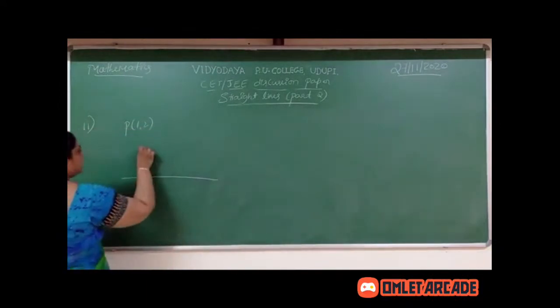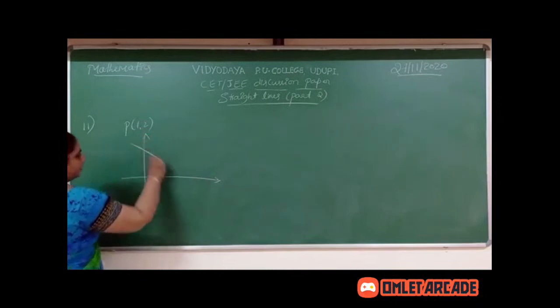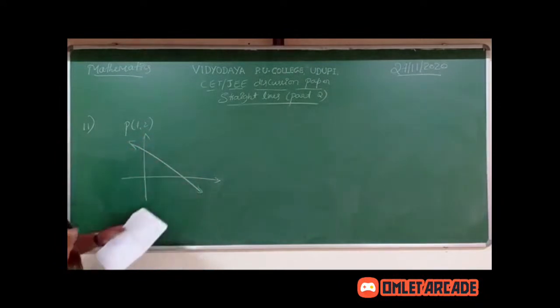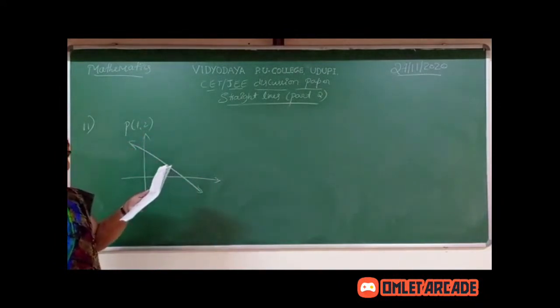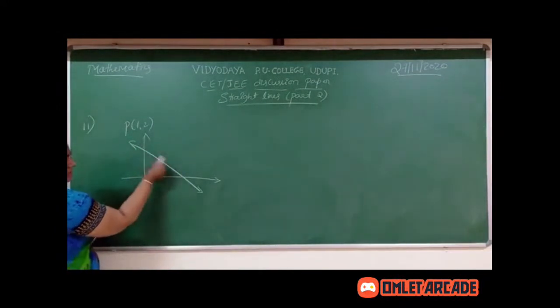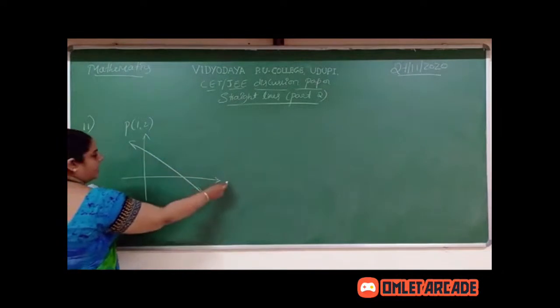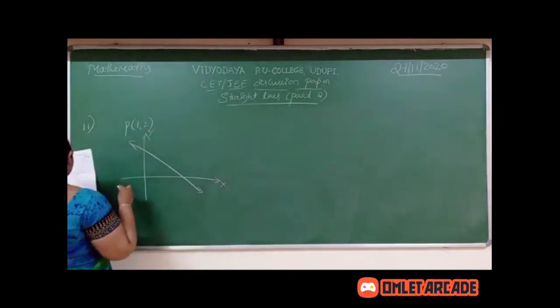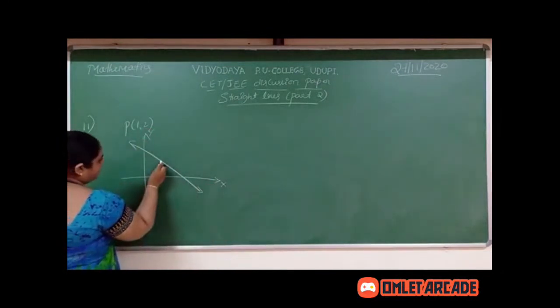Let me take a rough picture. Intercept is given in the question. Passing through (1, 2) such that its intercept between the x and y axes is bisected at point P.